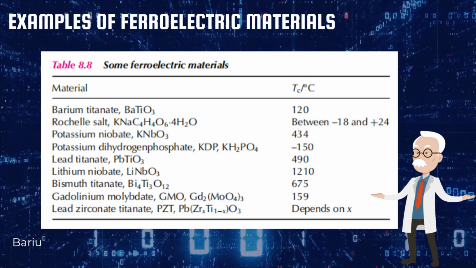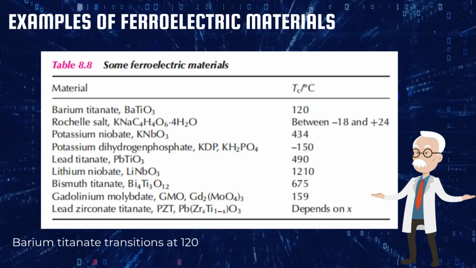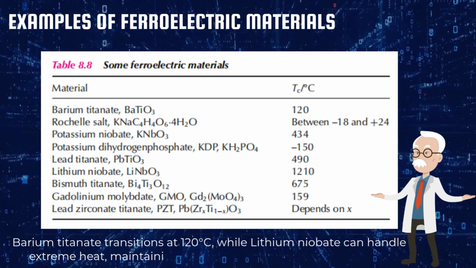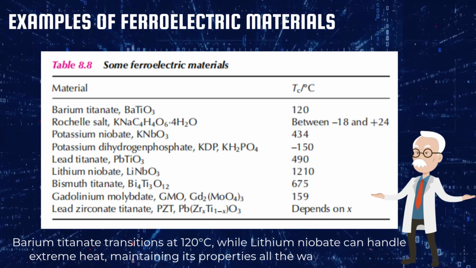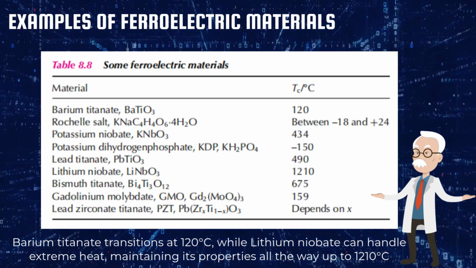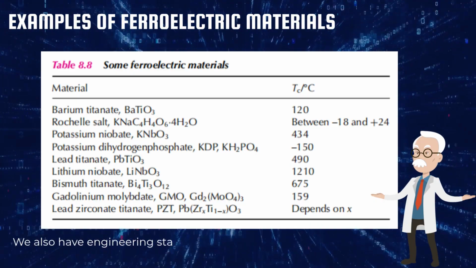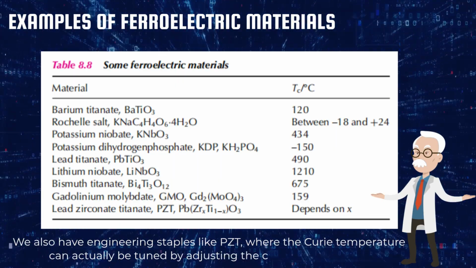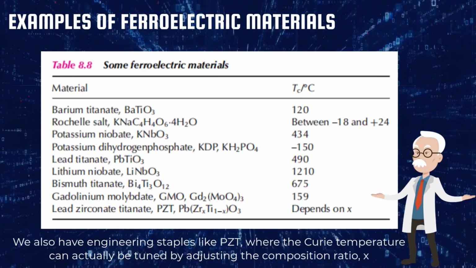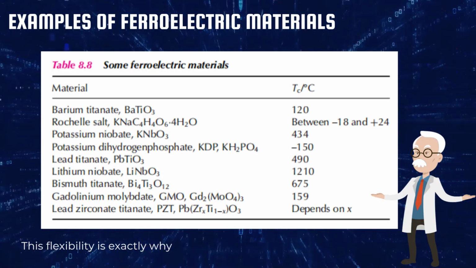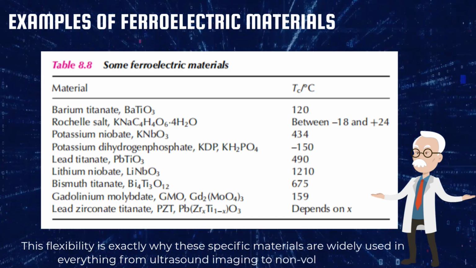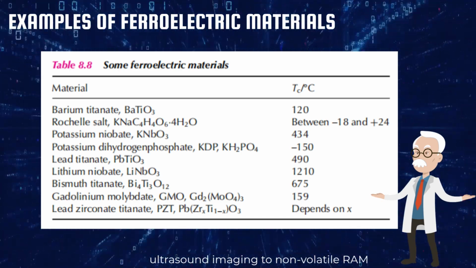For instance, barium titanate transitions at 120 degrees Celsius, while lithium niobate can handle extreme heat, maintaining its properties all the way up to 1210 degrees Celsius. We also have engineering staples like PZT, where the Curie temperature can actually be tuned by adjusting the composition ratio, X. This flexibility is exactly why these specific materials are widely used in everything from ultrasound imaging to non-volatile RAM.